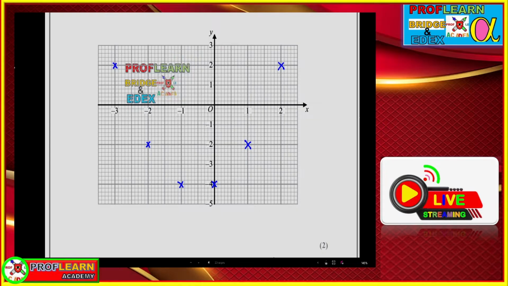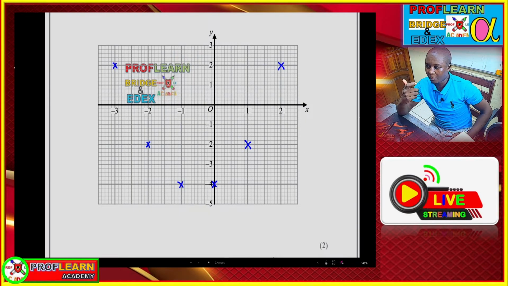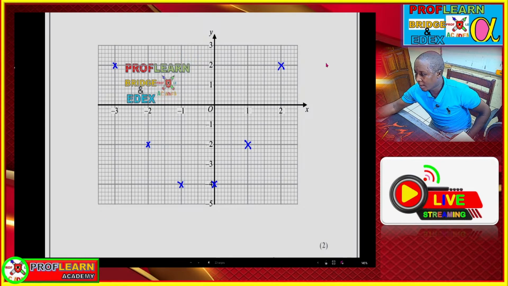And of course, you are going to use your free hand to draw that. Once you have plotted the points clearly, the next step is to ensure that your curve is very well and smoothly drawn.